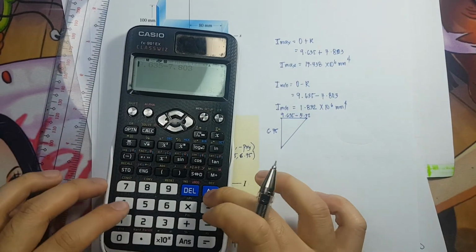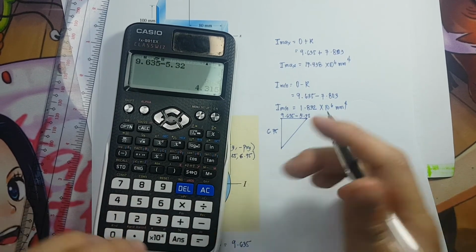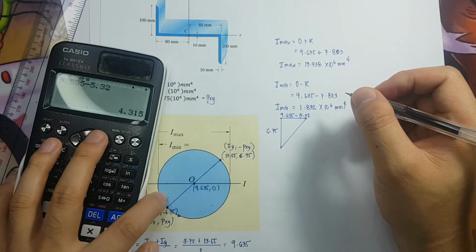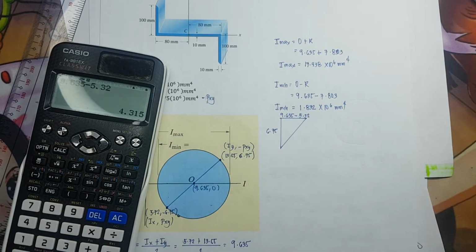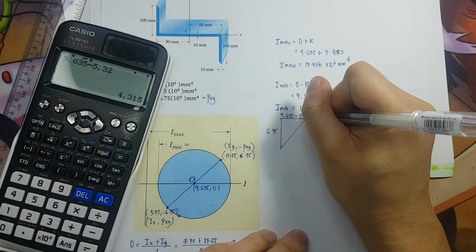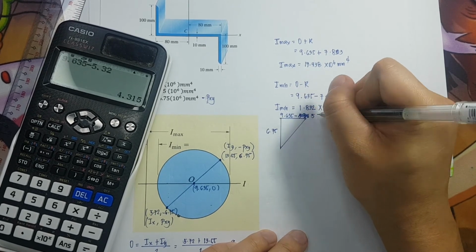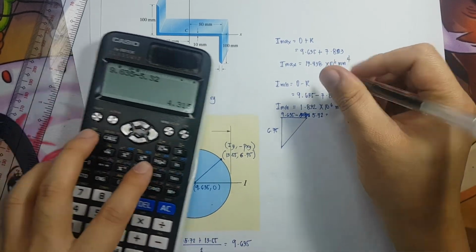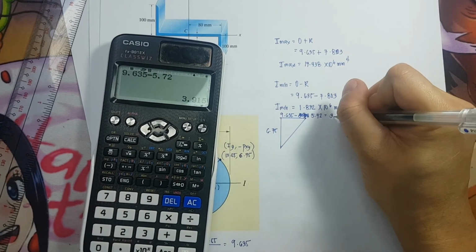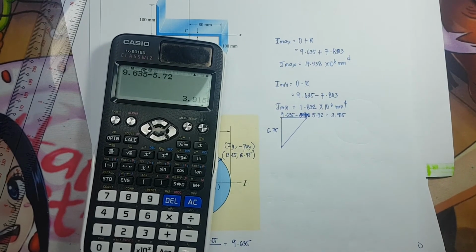So that is 9.635 minus 5.72. And that is equivalent to 3.915.